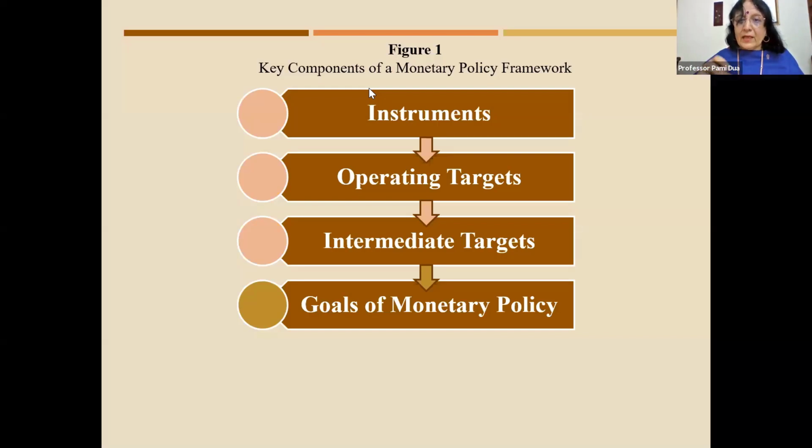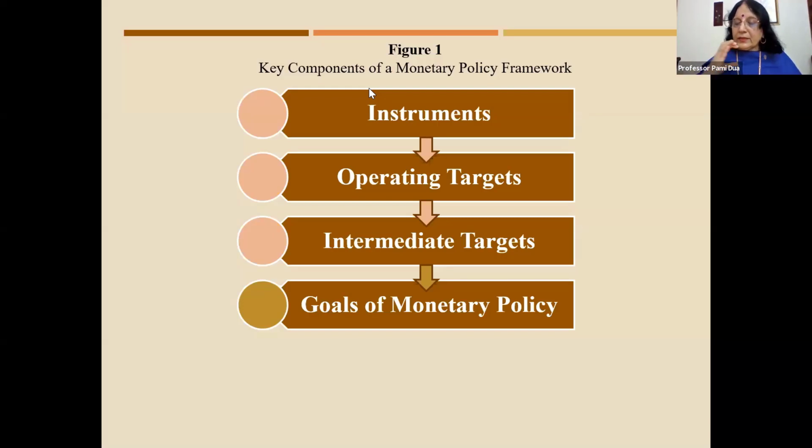Now, operating targets are financial variables that are impacted by instruments and that help to deliver the goals of monetary policy. Operating targets are managed on a day-to-day basis. This is the difference. So examples of operating targets are reserve money and the short-term interest rate, which are managed on a day-to-day basis.